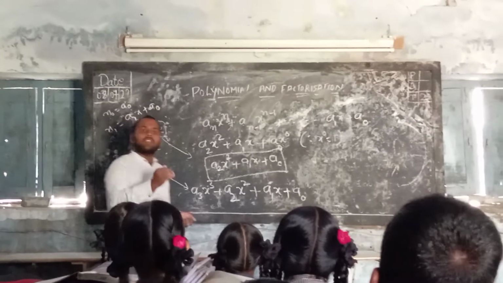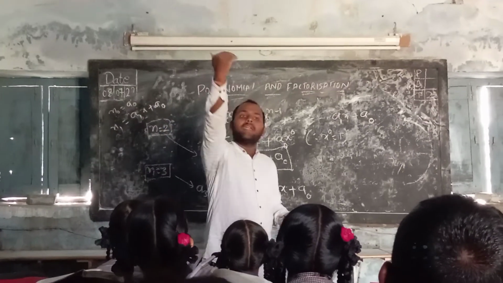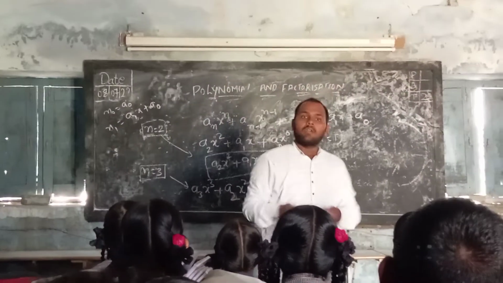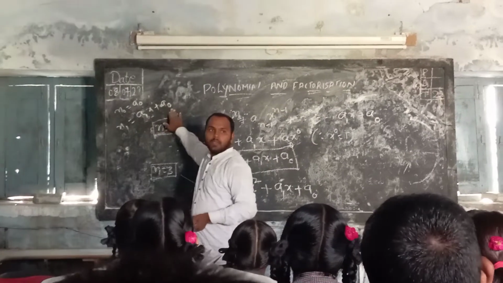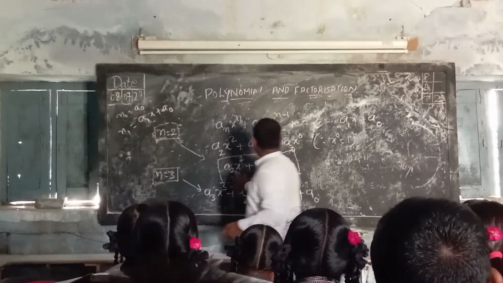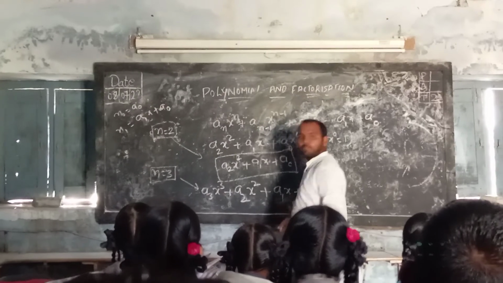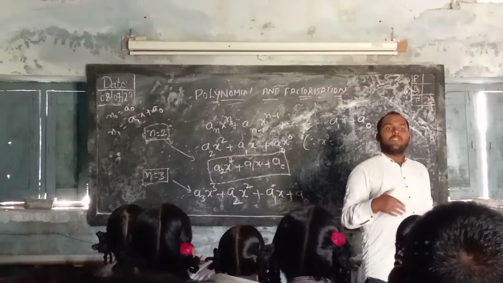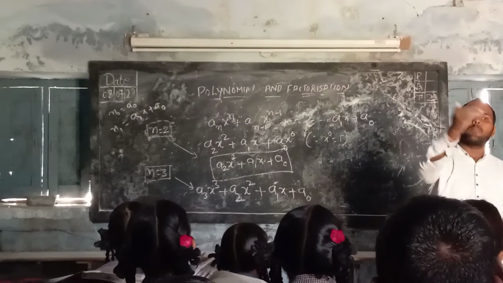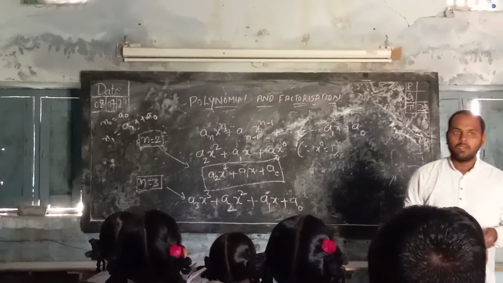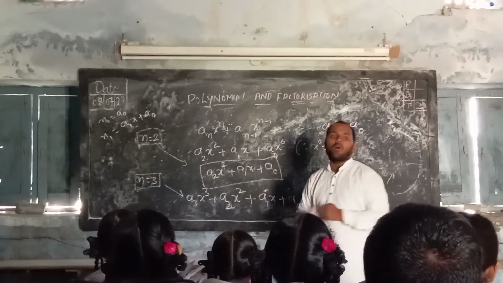As n value increases, the number of terms also increases. This is a linear polynomial. This is a quadratic expression. This is a cubic expression. Then if n is equal to 4, the number of terms has increased. That is said to be a polynomial. This is the standard form of polynomial.